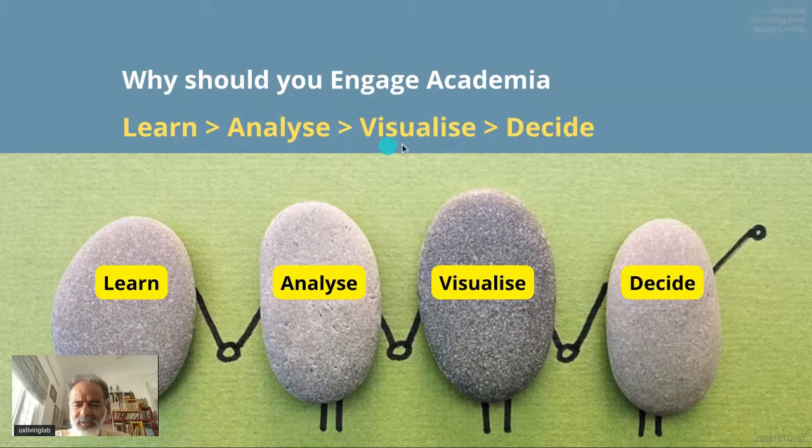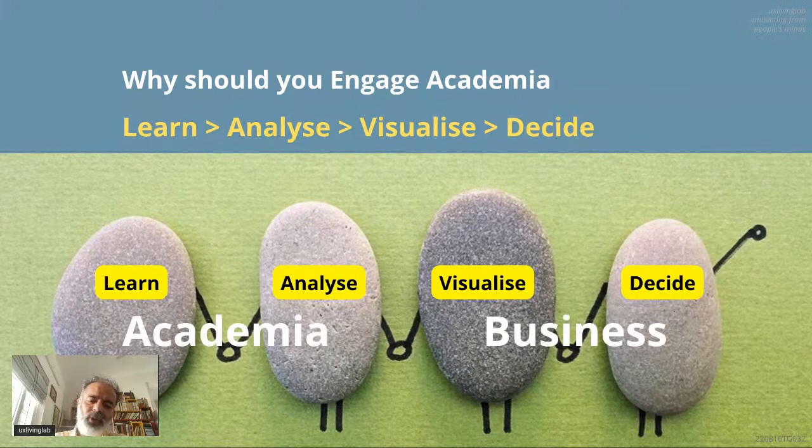These are the four main steps of decision making: learn about the problem, analyze from different perspectives, visualize which perspective is best for you, then decide. Learn, analyze, visualize, and decide. That's the way business decisions, or whatever your decision may be, are made.